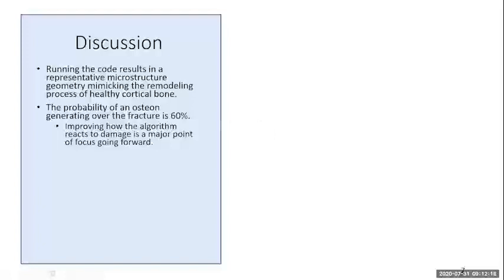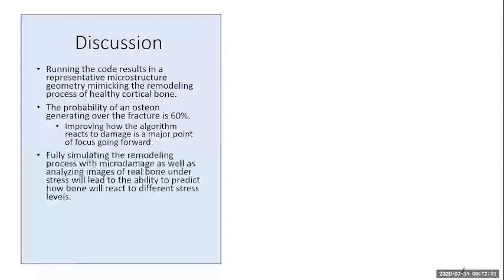Improving how the algorithm reacts to this damage is also going to be a major point of study in the future. Fully simulating the remodeling process by including damage that is more representative of the microdamage that accumulates in bone will lead to a better ability to predict how bone will react to different levels of stress.